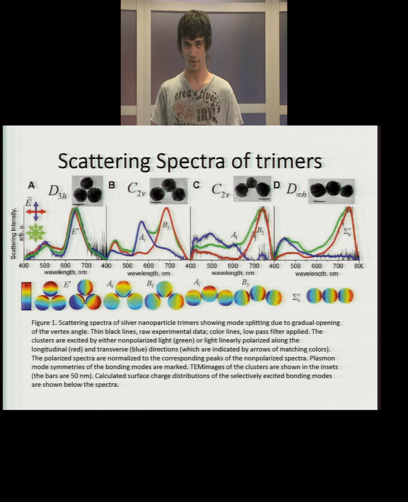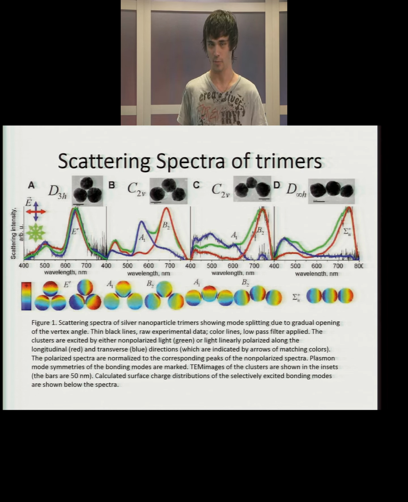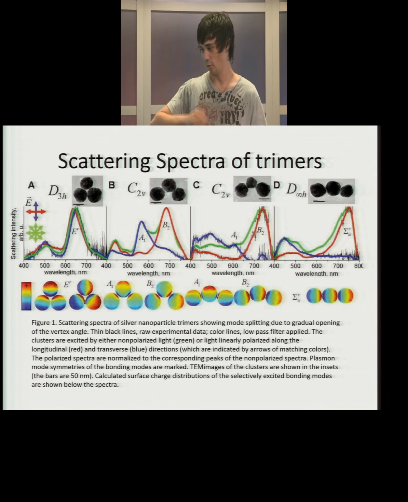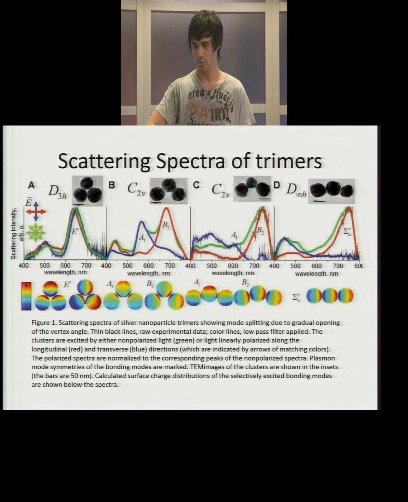The first spectrum on the left is the doubly degenerate E' orbitals, where you only see those because they have the dipole moment. You can't see the A'2. But once we start splitting the angle between the bottom two, we break that symmetry or degeneracy and form the B2 and A1, where the A1 is blue shifted and the B2 is red shifted.